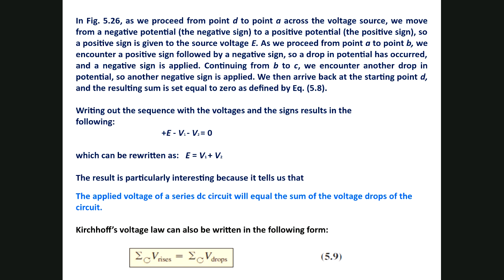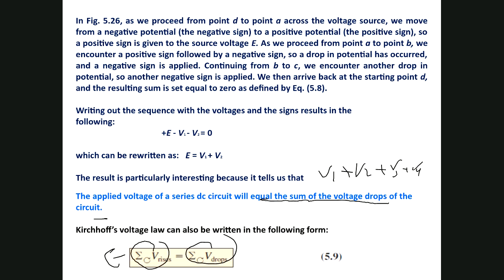Kirchhoff voltage law: the applied voltage of a series DC circuit will equal the sum of the voltage drops, which is V1 plus V2 plus V3 plus V4 of the circuit. So the sum, which is here, the voltage rise, which is here, the supply, equals V1 plus V2 plus so on. So this is the Kirchhoff voltage law.